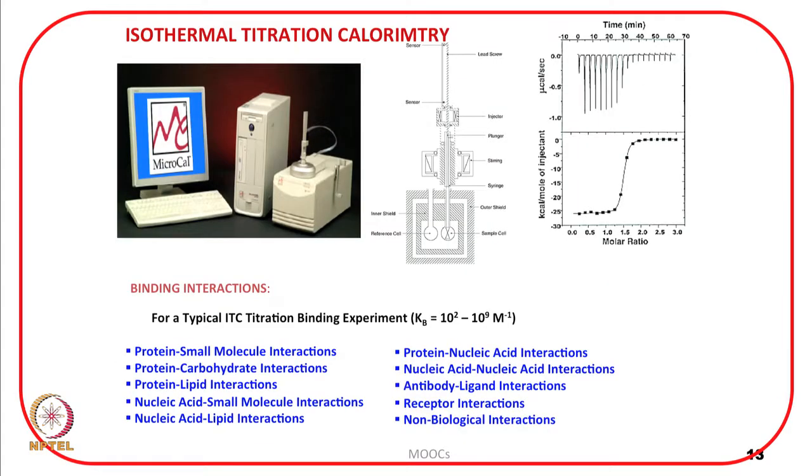We also discussed isothermal titration calorimetry, its principle and its huge applications in addressing the interaction of ligands with a variety of biological macromolecules. We also discussed that ITC is important not just in addressing biological systems of interest, but even in several non-biological interactions.